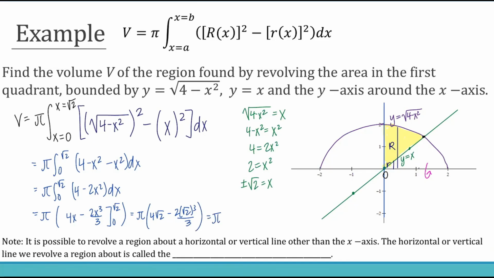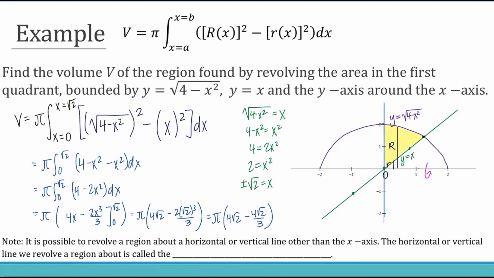That's going to be pi times 4 rad 2, and then what's happening here, if I square the square root of 2, that's going to give me a 2 to pop out to multiply with this 2, and one copy of rad 2 is going to be left there because I'm multiplying it by itself 3 times. Multiplying it by itself twice will give me a 2, so this is going to be 4 rad 2, so minus 4 rad 2 over 3.